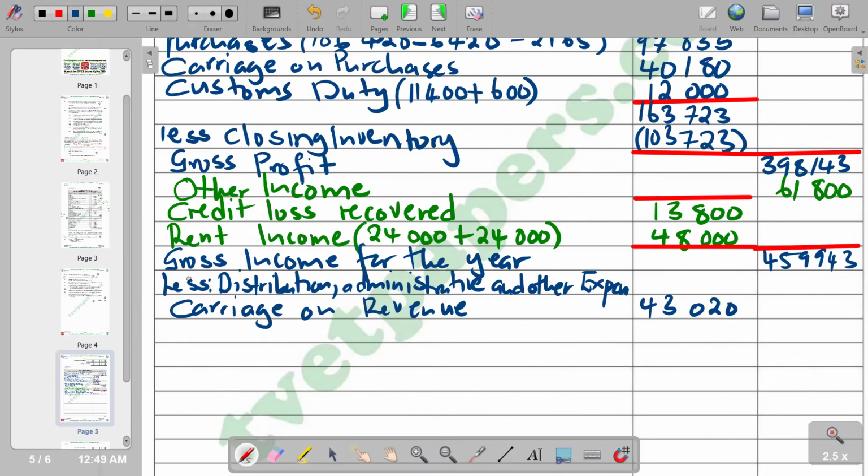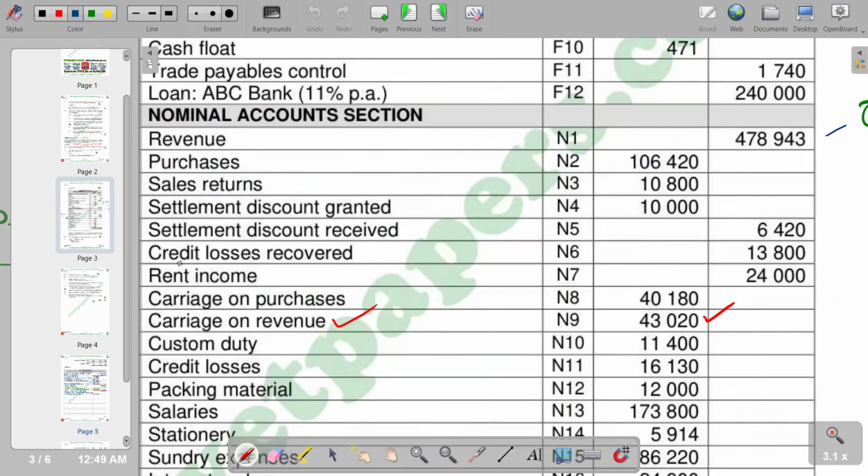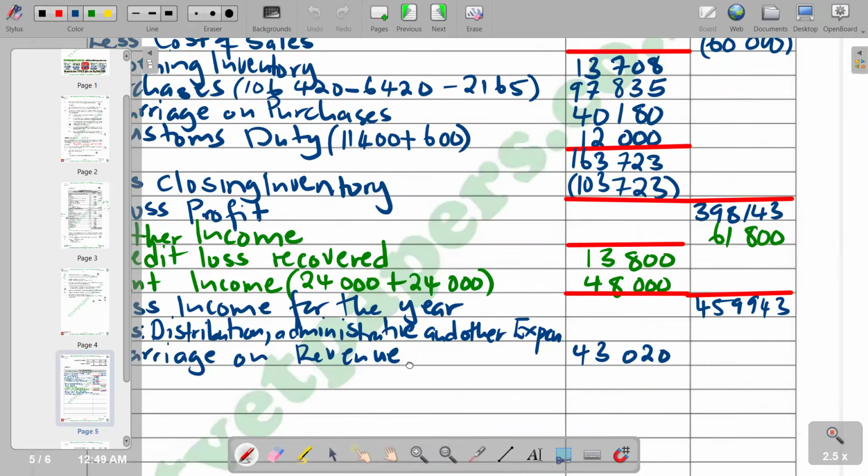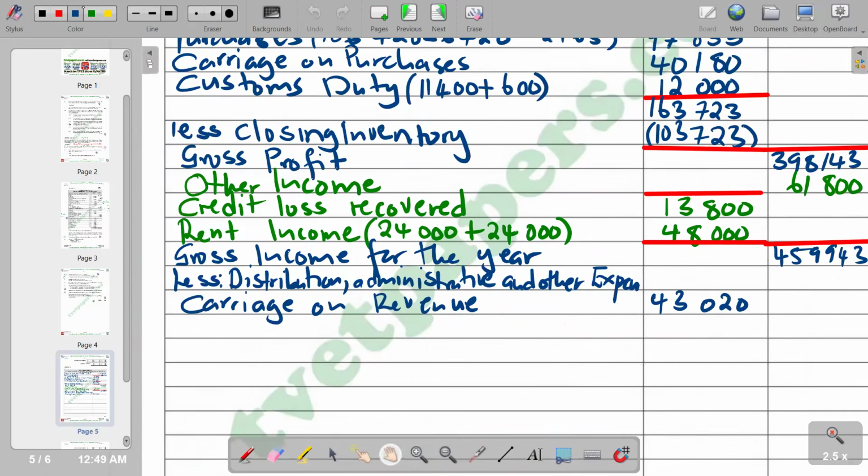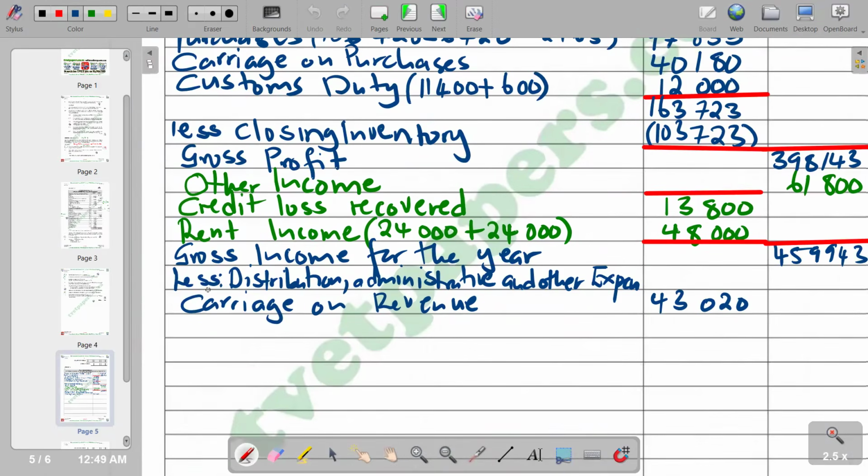We've got credit losses now. Credit loss is also an expense. So we have credit losses.